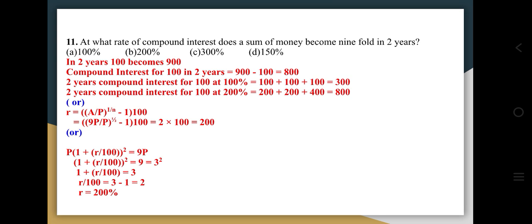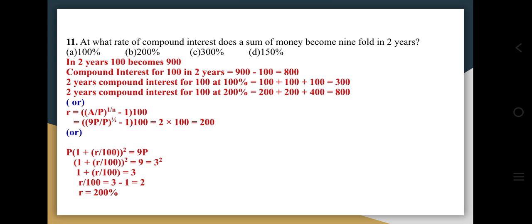So we calculate 2 years compound interest for 100 at 200%. At 200%, the first year compound interest is 200. What is the second year compound interest? First year compound interest 200 plus interest for 200 for 1 year. Interest for 100 is 200, so interest for 200 is 2 into 200, which is 400.